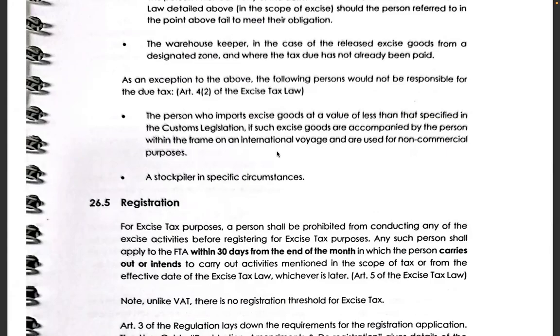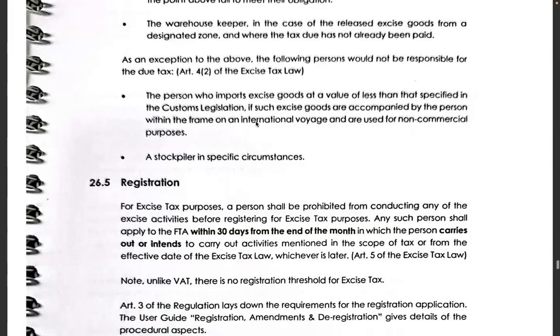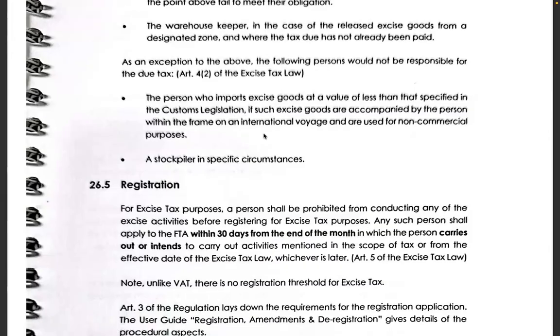So it's a conditionality. If one person was importing those excise goods at a value less than that specified in the customs legislation, and those goods were used for non-commercial purposes on an international voyage, international transportation, then there will be no responsibility to pay the excise tax on that.